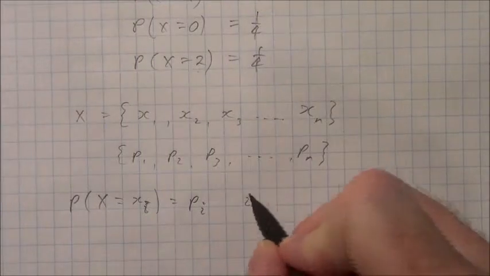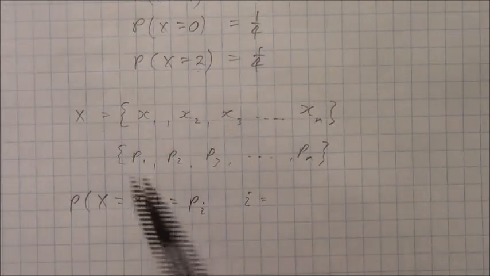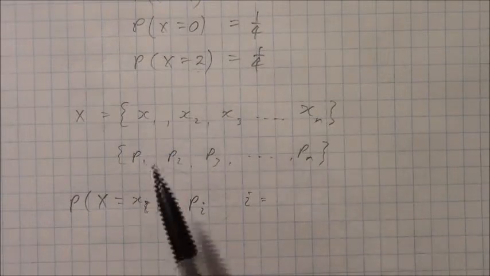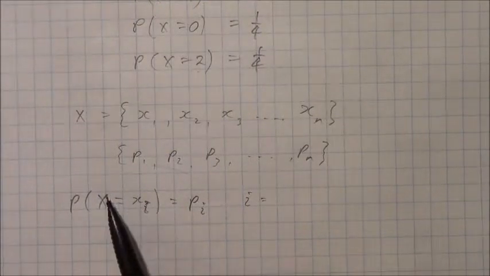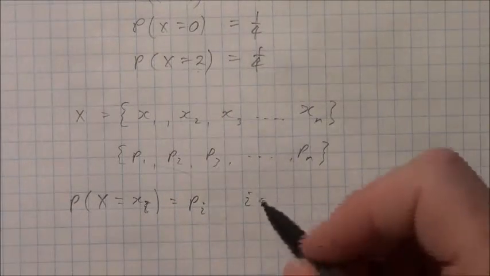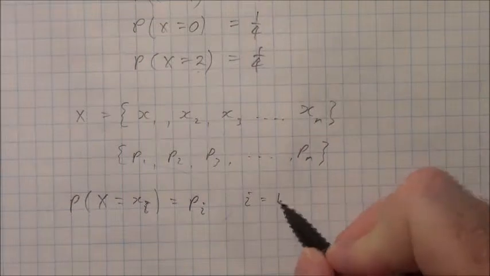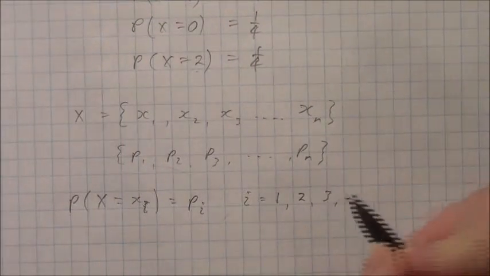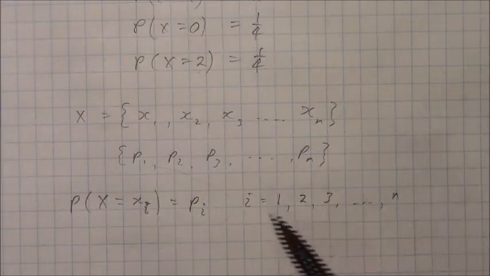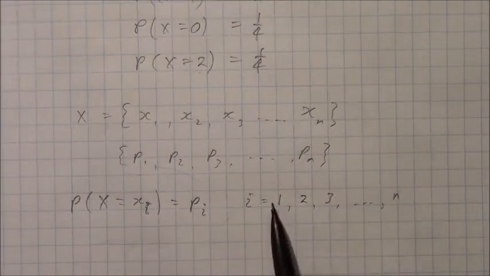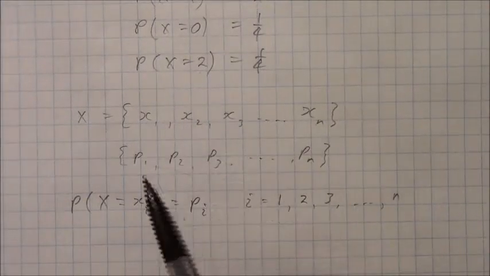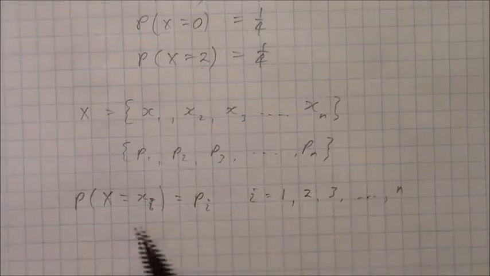And i, of course, is the general term, or the general way of expressing that each of these different outcomes has a probability that gives you a value. And i is all the variety of subscripts that go from 1 to n. So covering 1 to n for all these outcomes and all the corresponding probabilities.